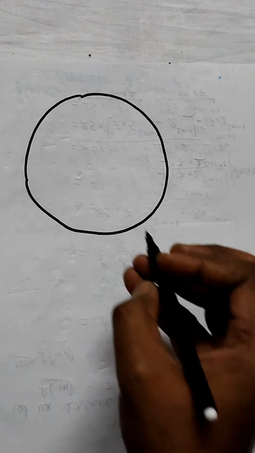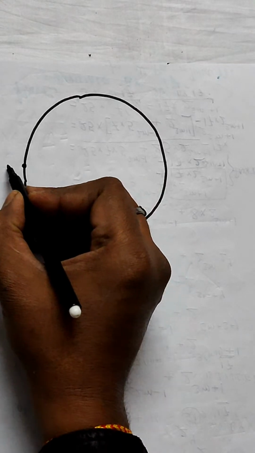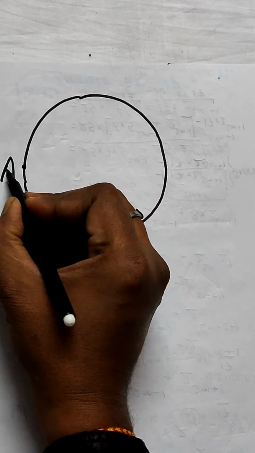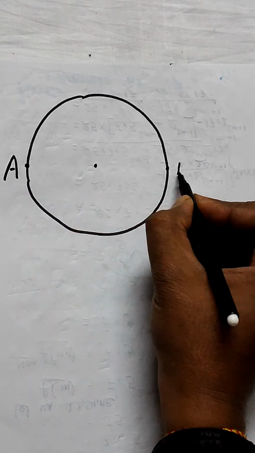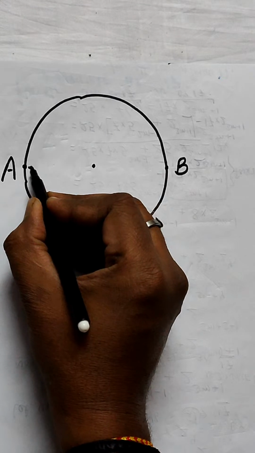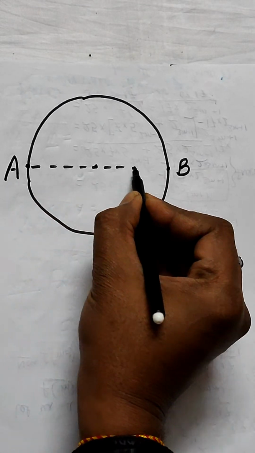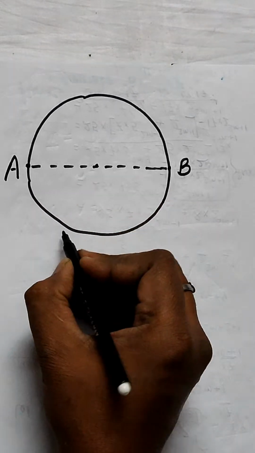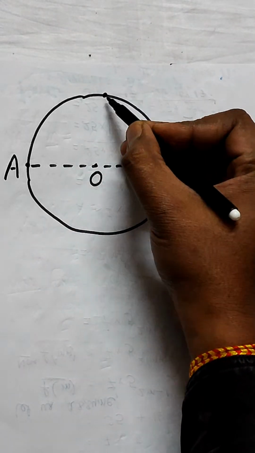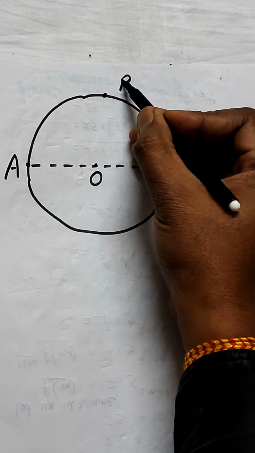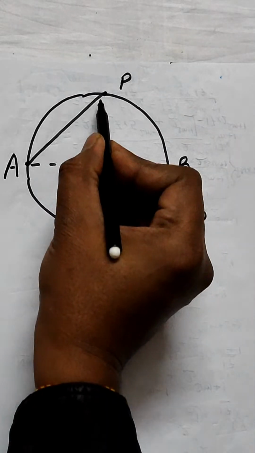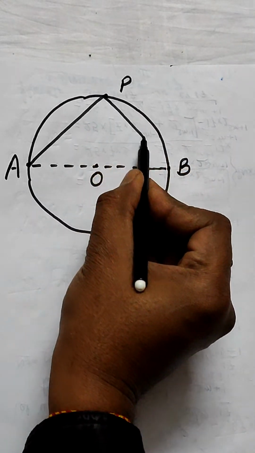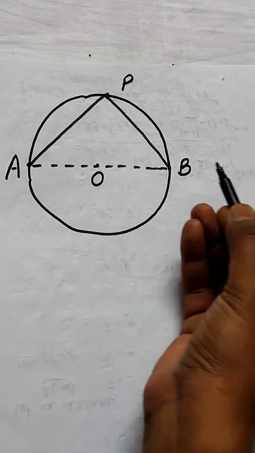And this is a diameter, A, O is the center, and B. So this is the diameter which is given. O is the center, and P is a point on this semicircle, and AP is connected like this, and PB is also connected like this, right?